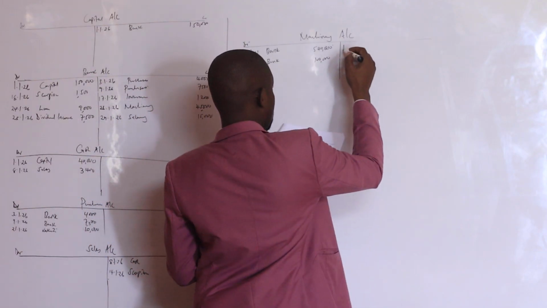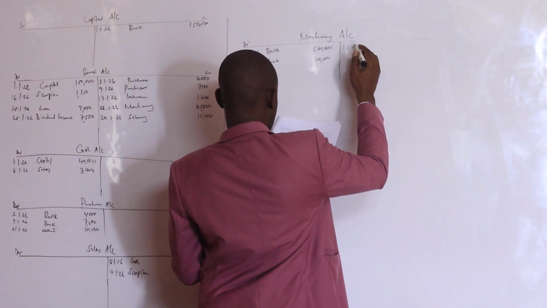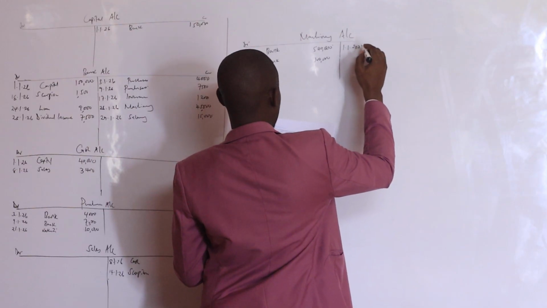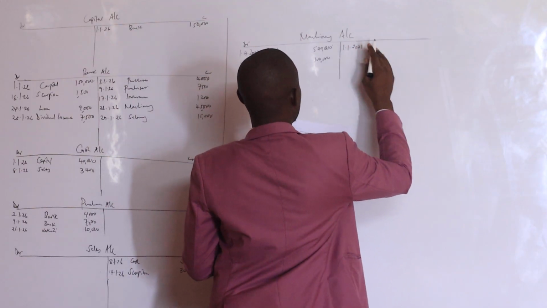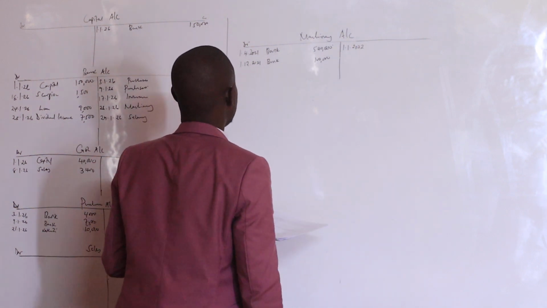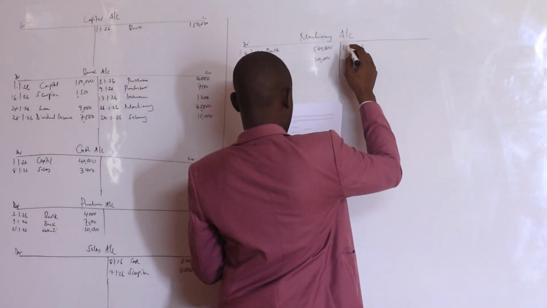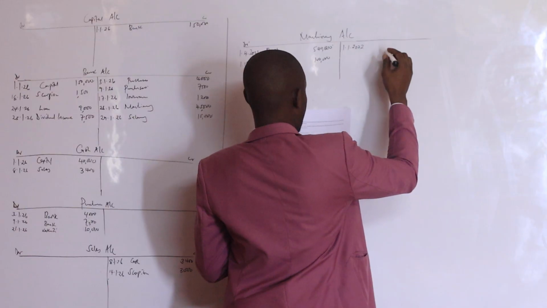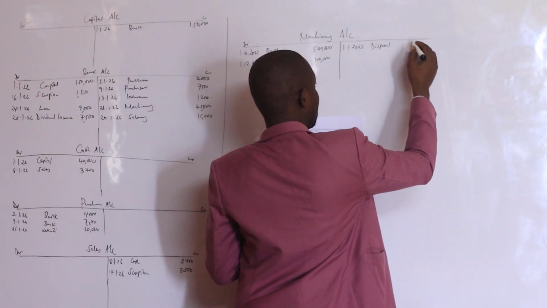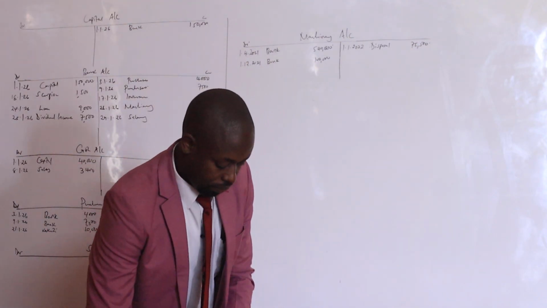Then on 1st January 2022 we had a disposal. This year begins on April 1st to 31st March, so it is okay this way. That is disposal, 75,500. So let's go by that.